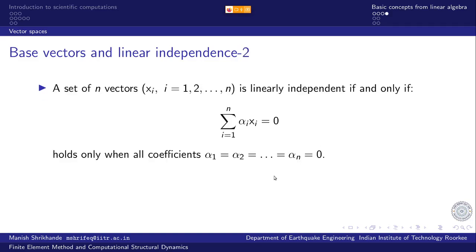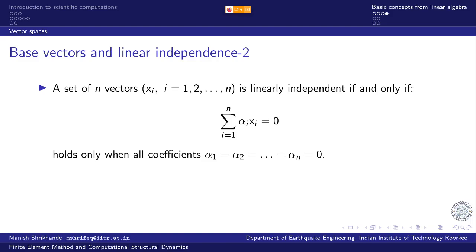Right? So we come to a very fundamental definition. A set of n vectors xi, i ranging from 1 to n, is linearly independent if and only if the linear combination, the summation of alpha i times xi over i ranging from 1 to n, is equal to 0 in only one situation, when all the coefficients alpha 1, alpha 2, alpha 3 up to alpha n are all identically 0.